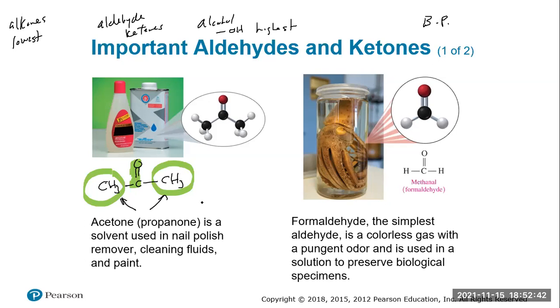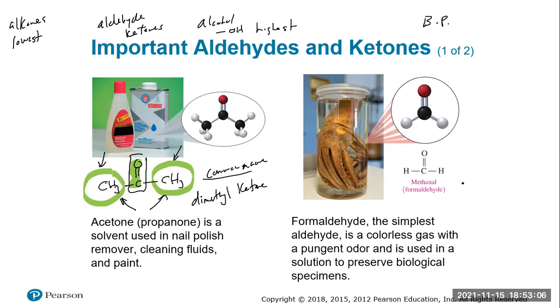So a common name, dimethyl ketone, is a common name. And that's just like what we do with ethers, groups on each side of the carbon-oxygen bond. And we can use a common name there. You should use the IUPAC way of naming, but again, you'll sometimes see that common name used.